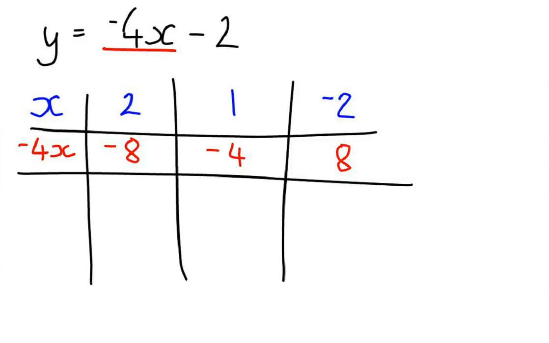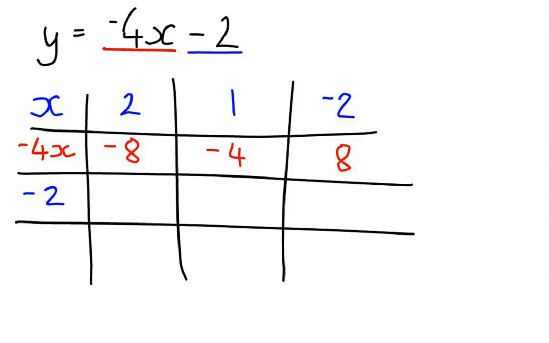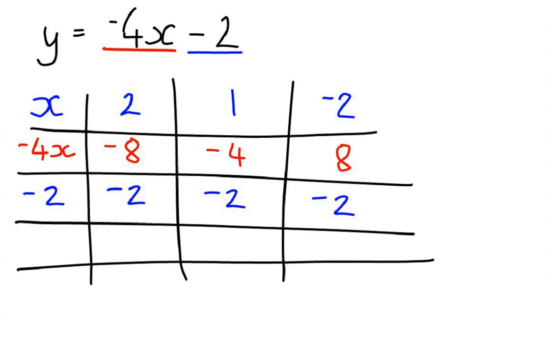So I'm just going to write this negative 2 bit in there. That negative 2 doesn't change, as I said, so that's the same all the way across. And then finally we can fill in our y value, which is the same as minus 4x take away 2.